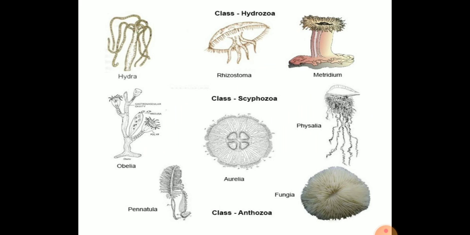Mainly in this session we have studied the general characteristics of Coelenterates and also the characteristics of the classes. These two questions can be important from your examination point of view. That's all about this session. Thank you.